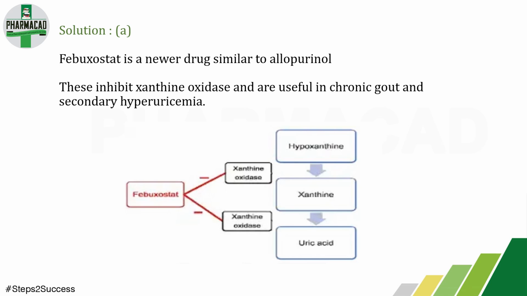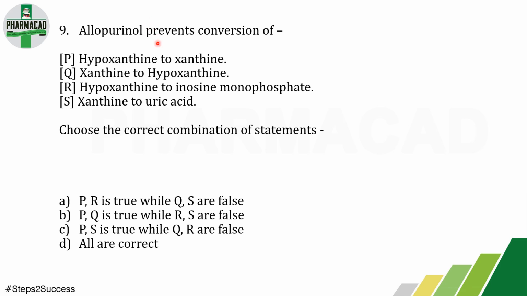Moving ahead. Allopurinol prevents the conversion of. We have 4 options and we need to choose the correct combination of statements. So let's look at the 4 statements given. P is hypoxanthine to xanthine. Q says that xanthine to hypoxanthine. R says hypoxanthine to inosine monophosphate. And S says xanthine to uric acid.